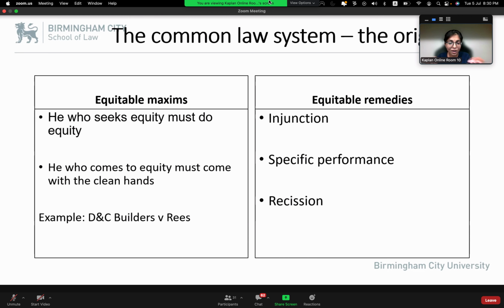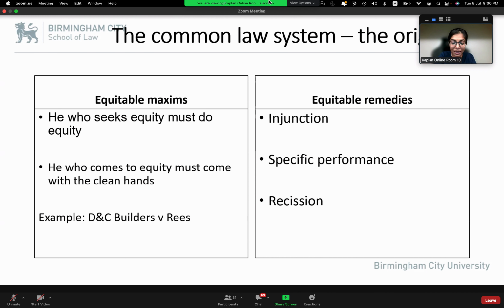Okay. Now, I'm going to give you 5 minutes to do a quick research on the case of DNC Builders. I'll tell you what I need you to identify so that your research can be very specific. Firstly, identify the facts of the case.